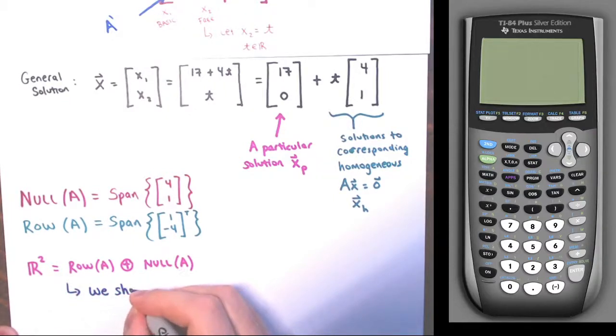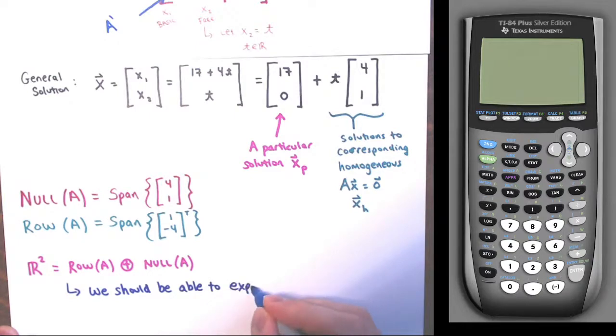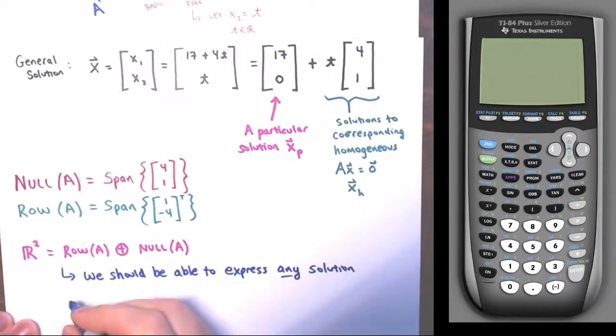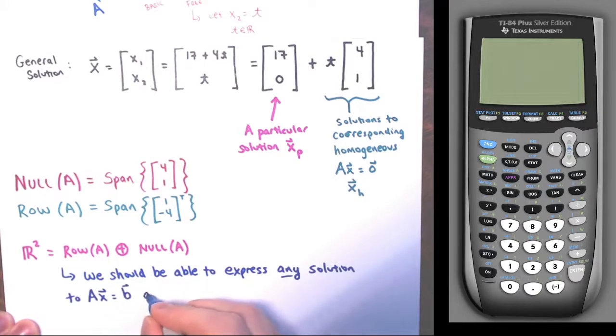We will be able to express any solution to Ax equals b as the following, where I can rewrite my solution x as a vector from the row space plus a vector from the null space. That was x sub r plus x sub n.